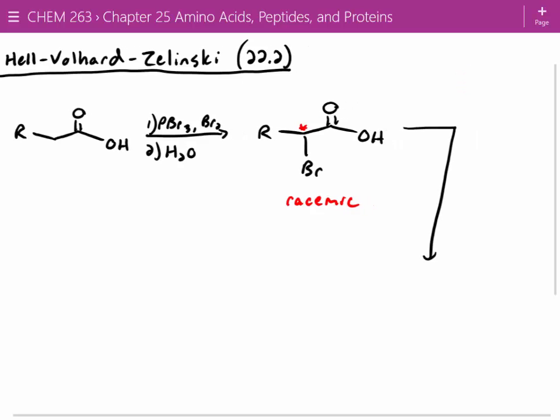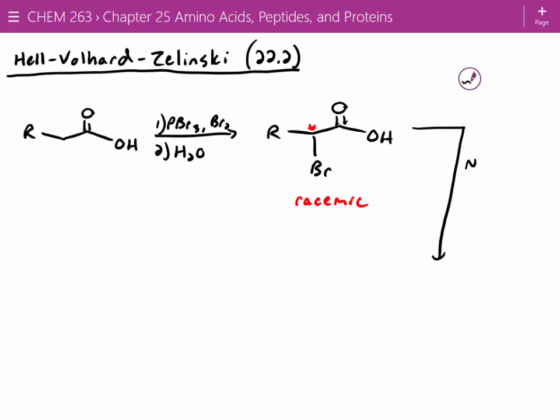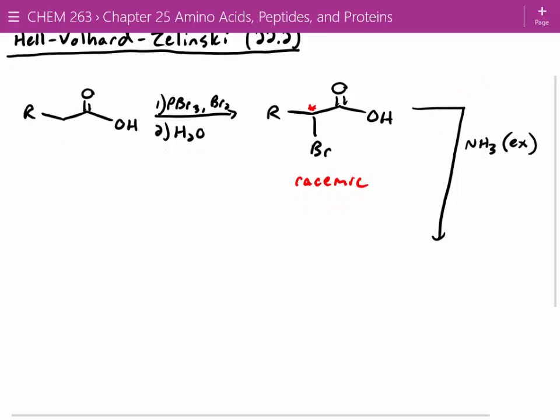And then in the next part, what we're going to do is react this with ammonia. So excess ammonia. And what do you think we can do with that bromine? Yeah, we substitute it, right? It's not a great electrophile. It is fairly hindered. But in this case, it's actually beneficial that it is hindered.